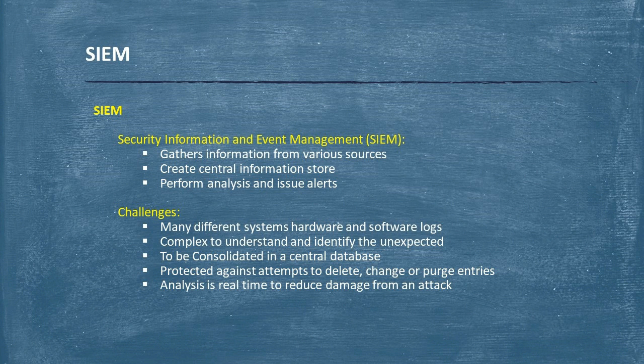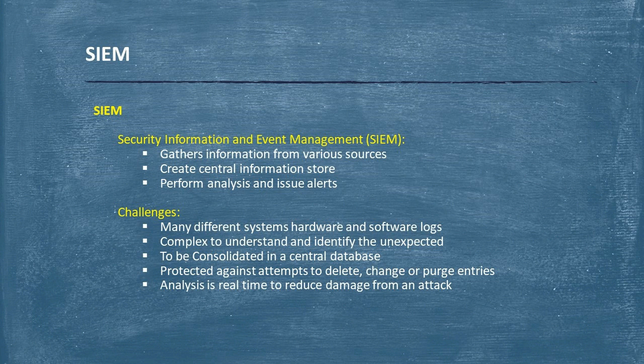For example, an organization may have several servers, each of a different type. One could be Unix and another could be IBM. There are a lot of desktops, and each will generate its own log files in its own format. But how do I analyze different files in different formats?